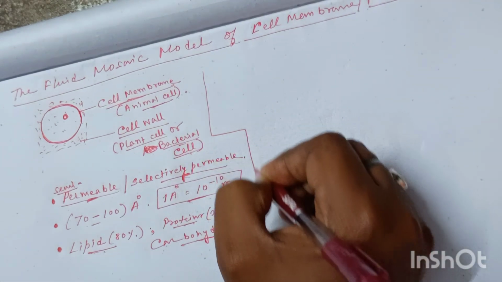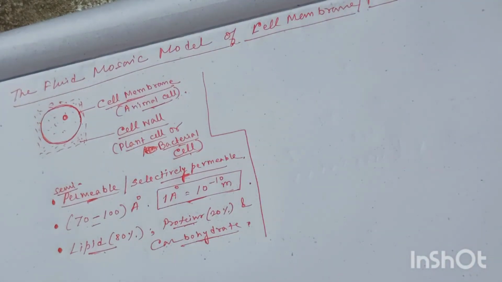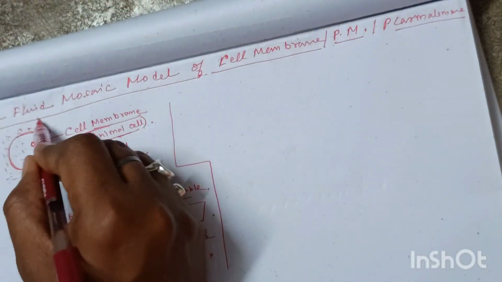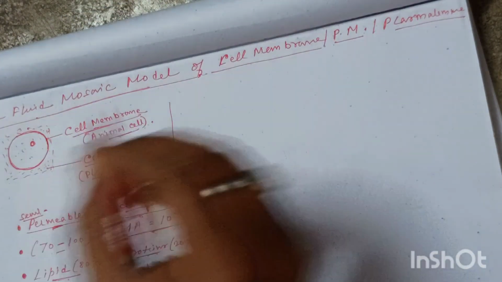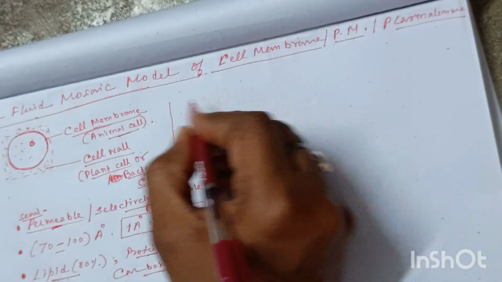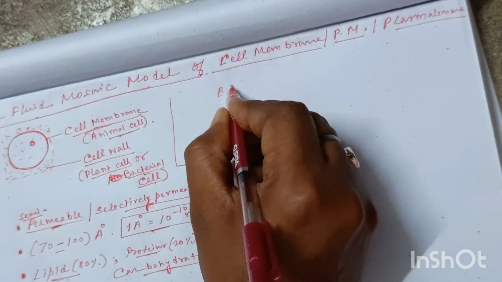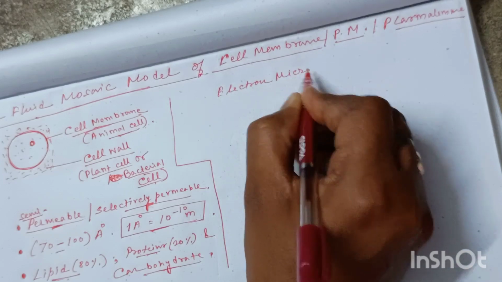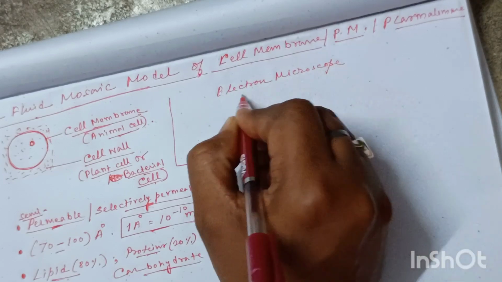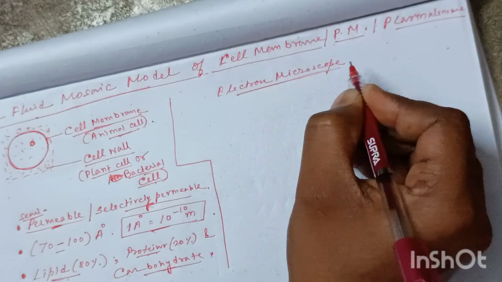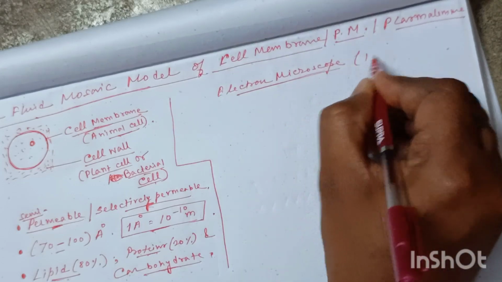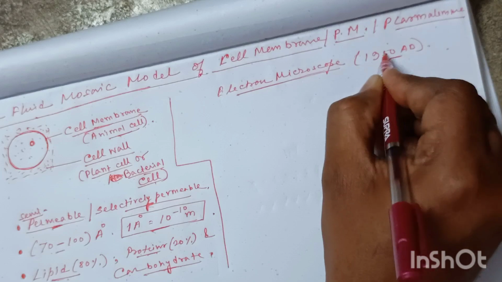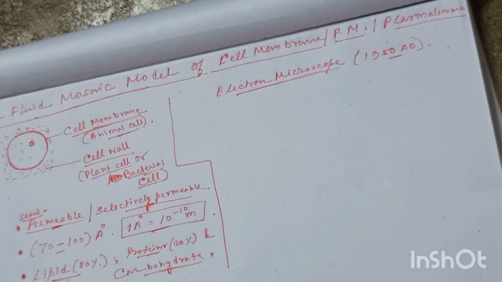Now, if we come to our main topic, which is the Singer-Nicholson fluid mosaic model, at first we need to know when the electron microscope was invented. The electron microscope was invented in the year 1958.